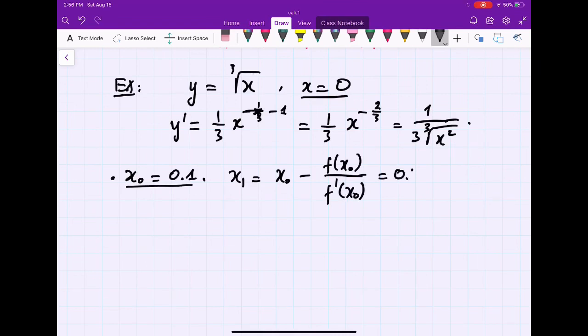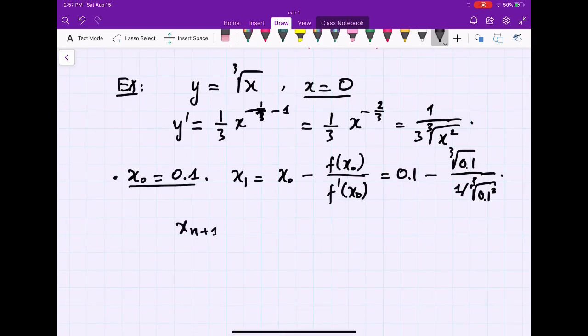So that is 0.1 minus cube root of 0.1 divided by 1 over the cube root of 0.1 squared. Or let's say this, in general, we have x(n+1) is xn minus f of xn divided by f derivative of xn.